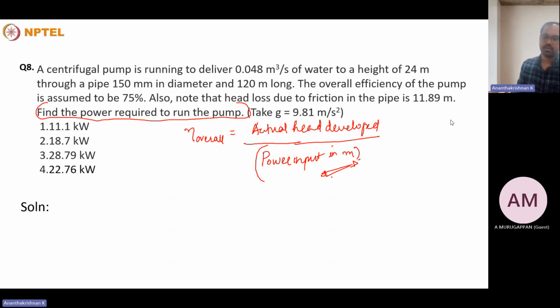This particular term, actual head developed, is not the ideal head developed by the pump, but it's actually the manometric head. So this will be the manometric head divided by power divided by rho g.